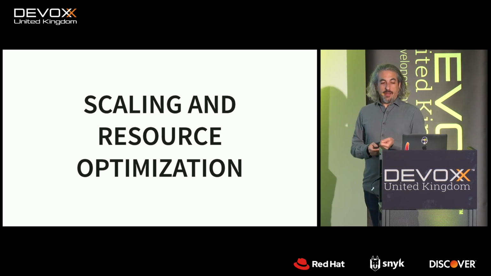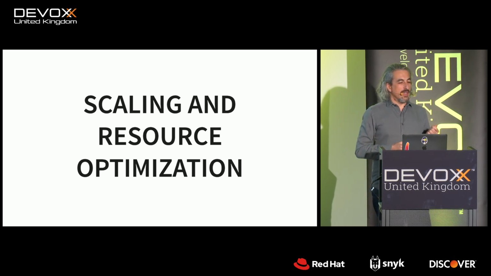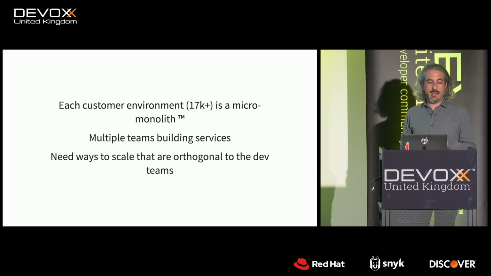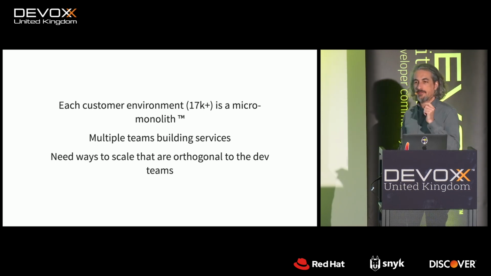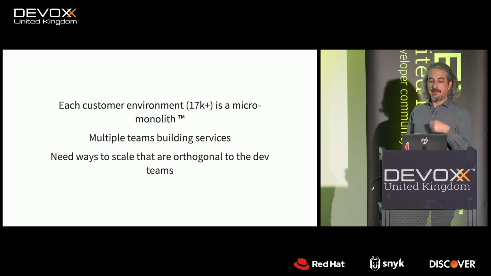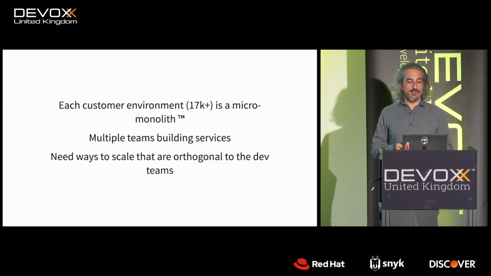One tricky thing for Java on Kubernetes is the scaling and how to optimize resources. In our case, we have more than 17,000 environments, and this is like this micro monolith that I mentioned before.